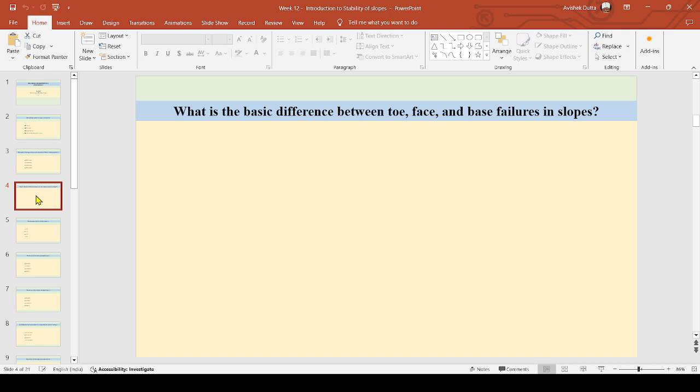The main or the significant difference between these three kinds of failures will be sufficient to answer this question. What is the basic difference between toe, face and base failures in slopes? Okay. Next question.